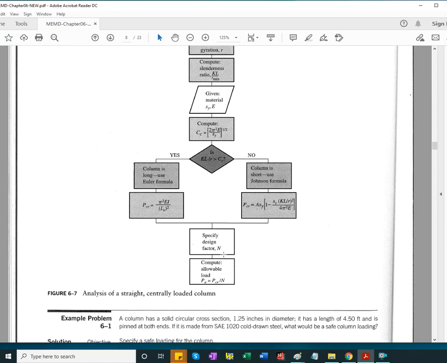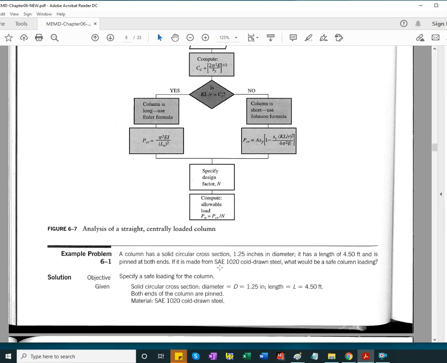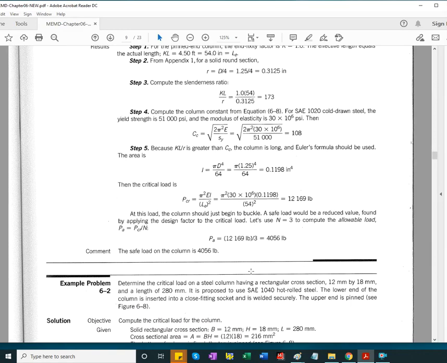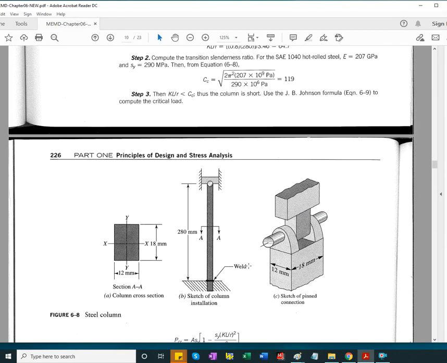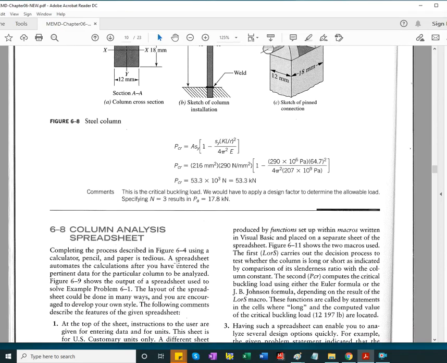So say you have a design factor of 2, you can recommend the admissible axial load as half of the critical load. That's about it for the case where the load is applied, again, axially through the centroidal axis, or aligned with the centroidal axis of the cross section.